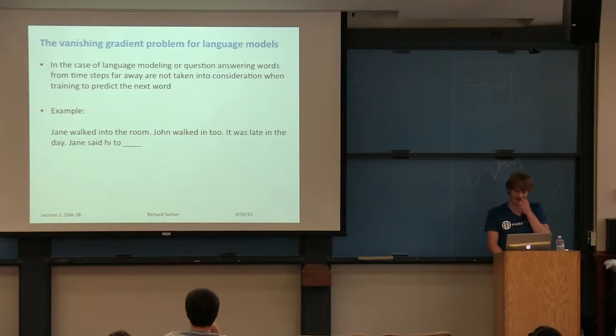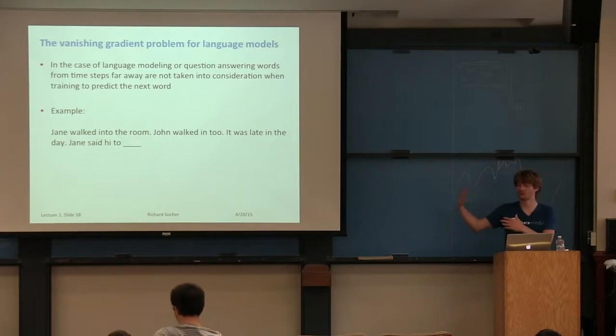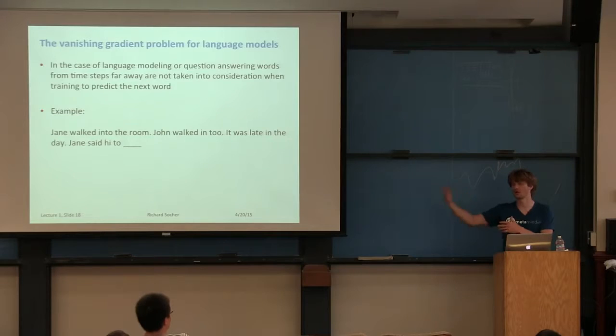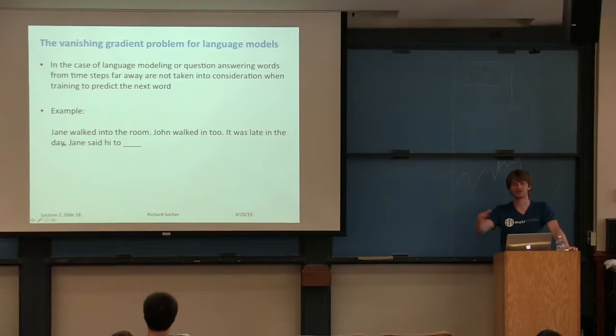So let's take a simple example for the vanishing gradient problem for language models, where ideally words that happen many time steps away will still have a big impact on the word you want to predict in the next time step. So let's say we have: Jane walked into the room, John walked in too. It was late in the day, and really here you could add a bunch of other things about the day and what kind of room it was and so on. And then Jane said hi too, right?